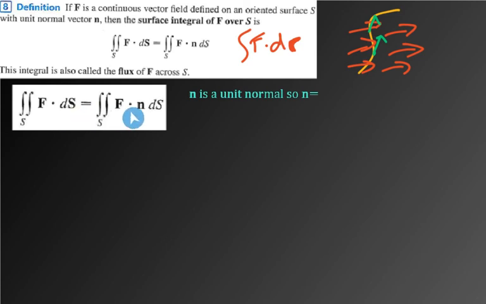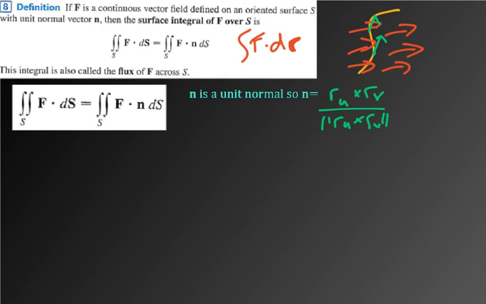I wanted to show you a little bit about how we can simplify this and another way to write it. So n here is a unit normal vector, okay? n is just given by that. This is what n is. It's just the vector that pops out of that cross product.